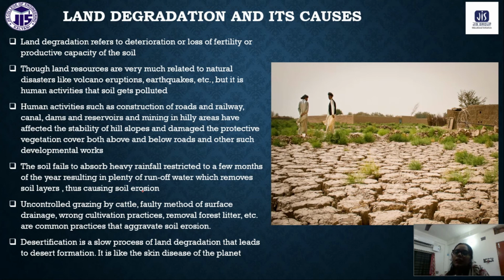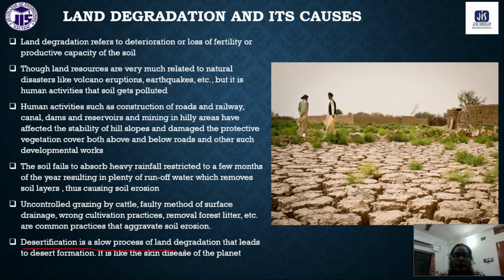Next, land is getting polluted due to the mixing of chemicals, mixing of non-biodegradable materials like plastics. So these are some of the severe, critical cases that we are facing in recent years.